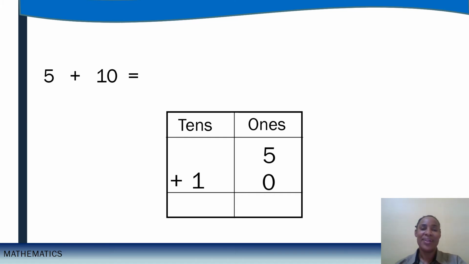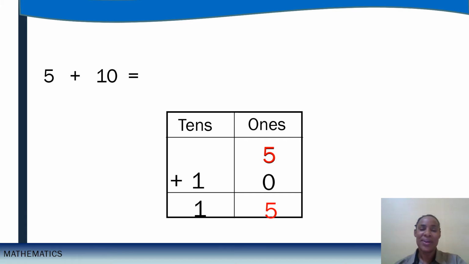Now, boys and girls, let's add the numbers in the ones place. In the ones place, we are adding 0 to 5. 0 added to 5 gives us 5. In the tens place, we have 1 ten. We're not adding any tens to it. Therefore, we will write 1 ten in our answer.